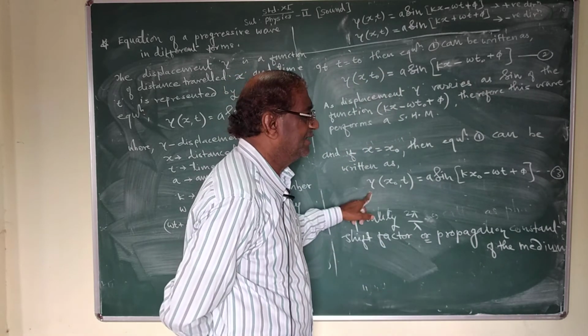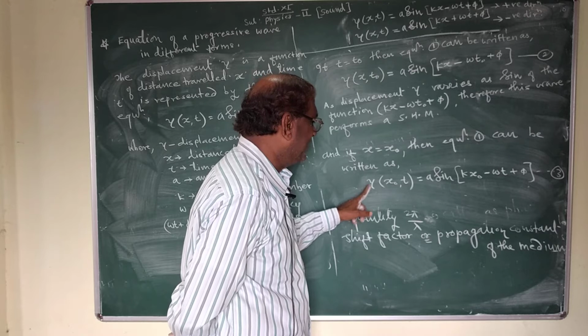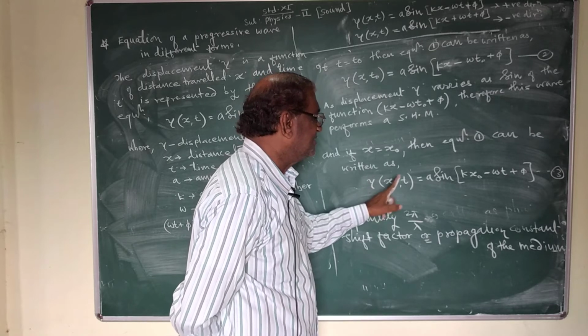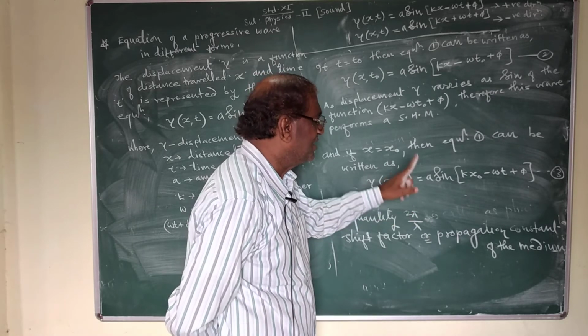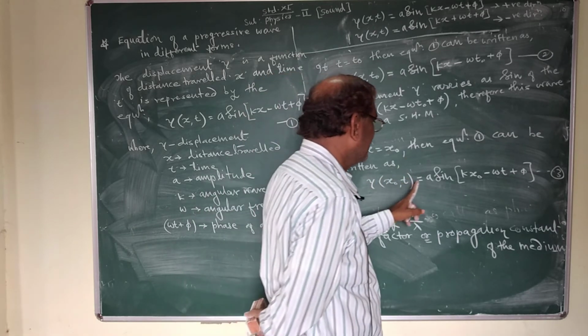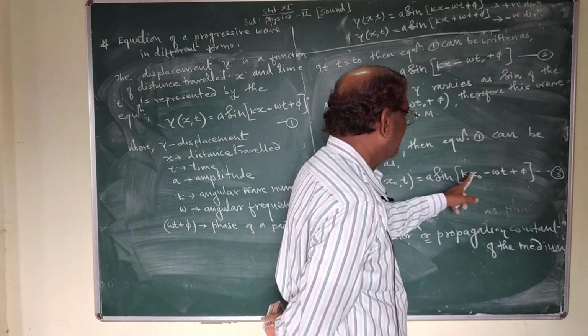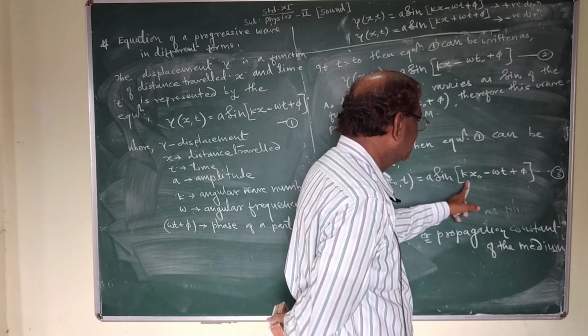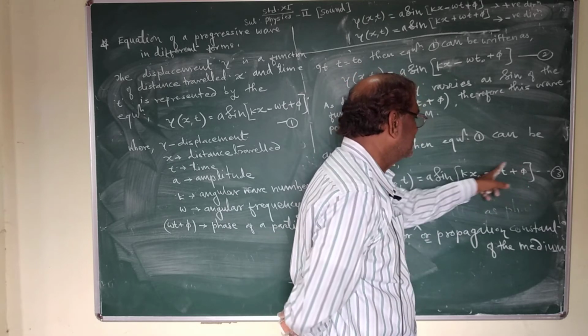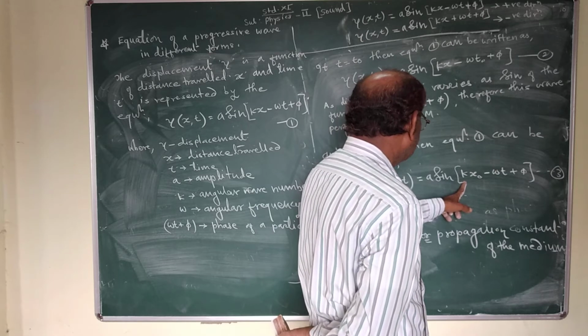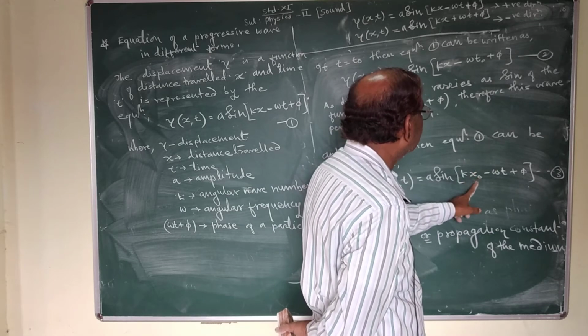If displacement varies as distance travelled by the wave, then the equation for displacement is given by a sin of x0. Again this term is constant, because it varies with this x0.